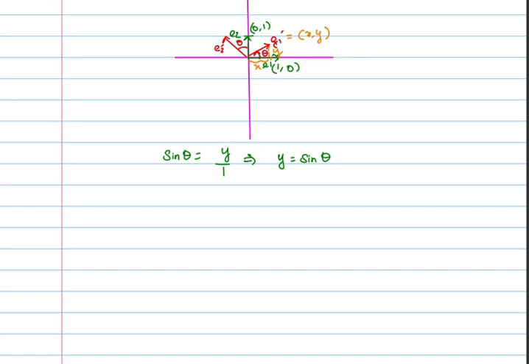Similarly, cos theta equals x divided by 1, this implies x equals cos theta. Together this implies E1 prime equals (cos theta, sin theta).